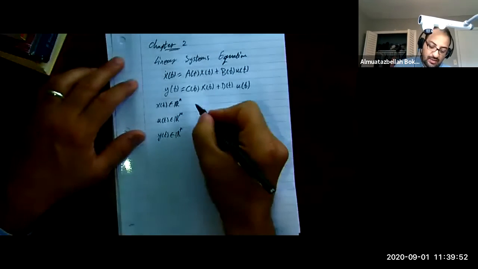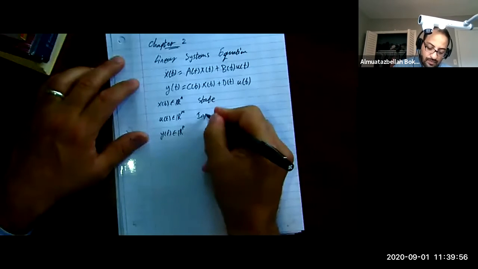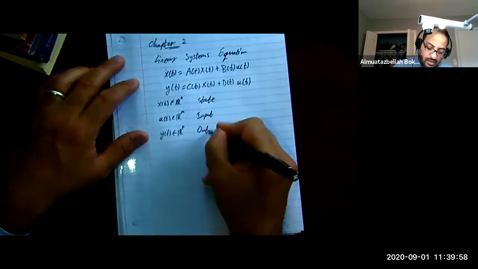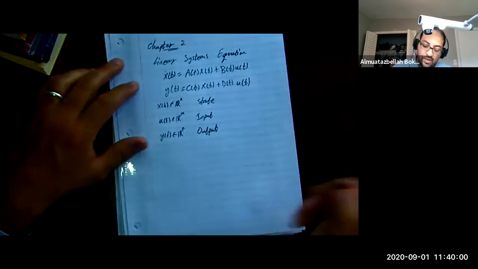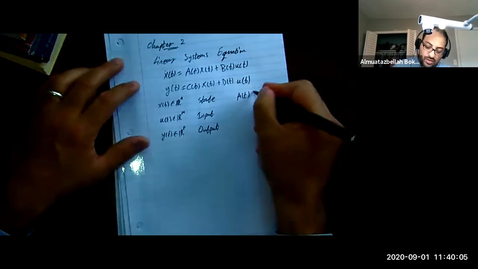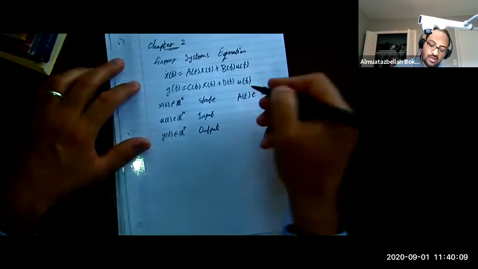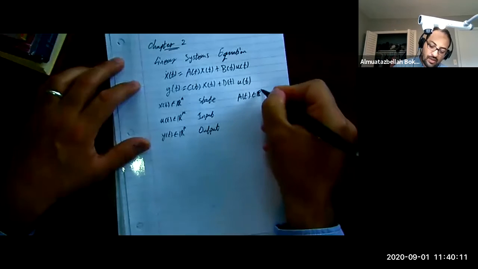So this is a state. This is input. And this is output. Okay. Also, I can talk about the matrices A of t, of course. Now the matrix, because this is n-dimensional, has to be n by n.